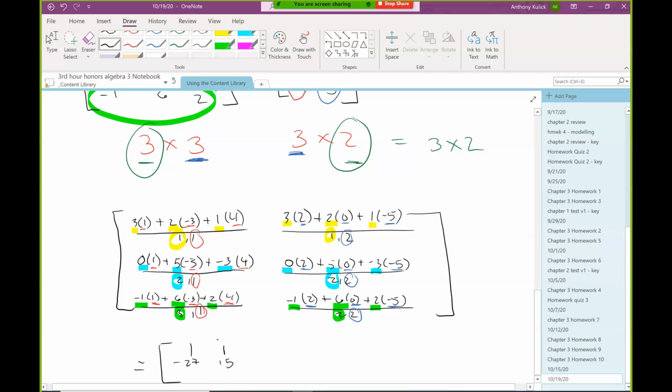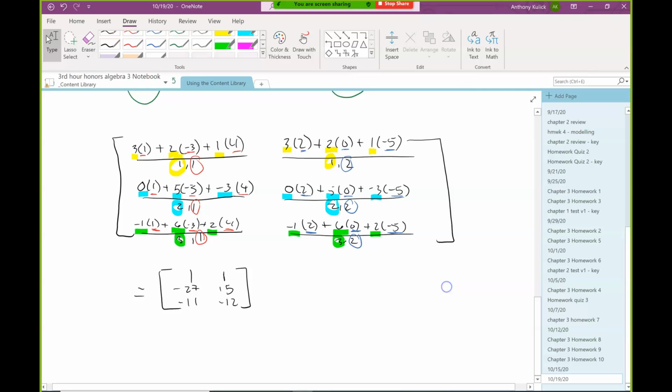And then negative 1 minus 18 plus 8 is negative 11. And then 0 minus 2, I'm sorry, negative 2 minus 10 is negative 12. Is this okay?